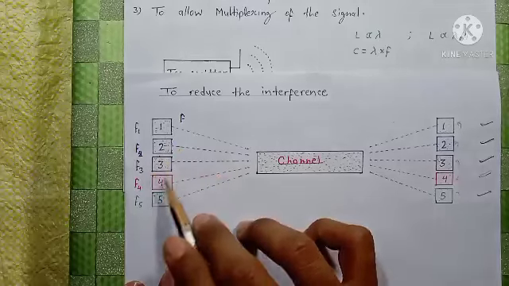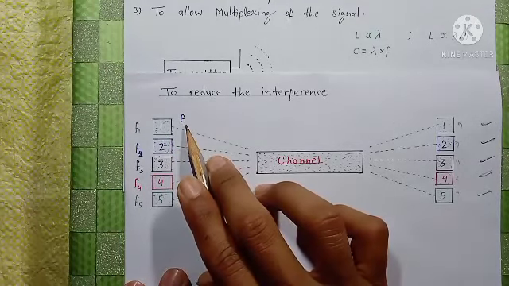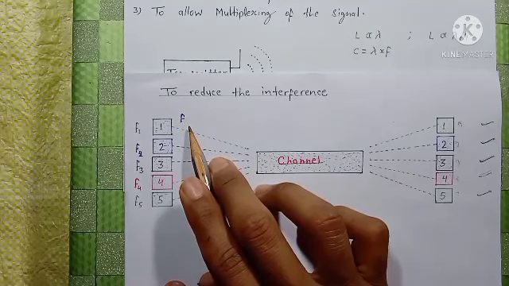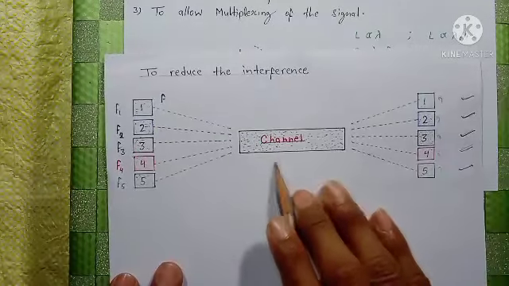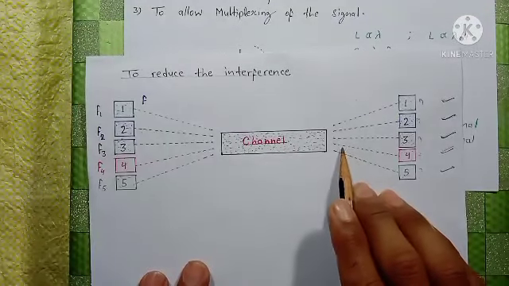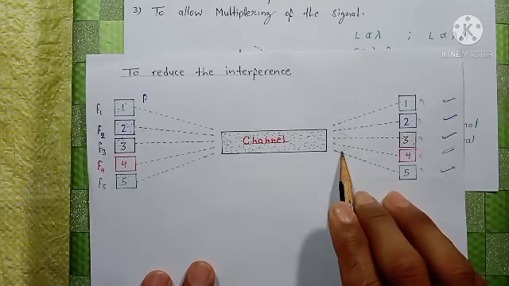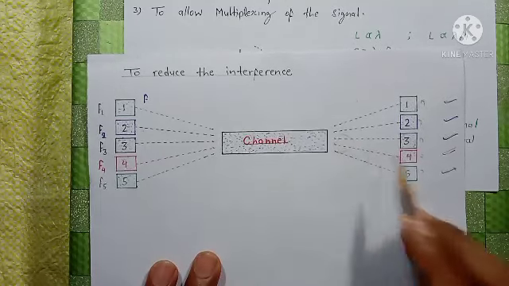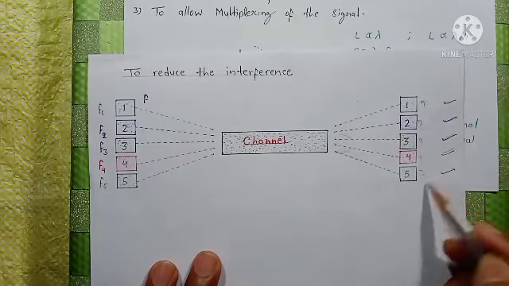In the beginning, all the signal frequencies are only f, and they are transmitted without modulation through a single channel. Then there will be interference between them, and at the receiver side they will not get the transmitted signal. So here we will not get any transmitted signal.